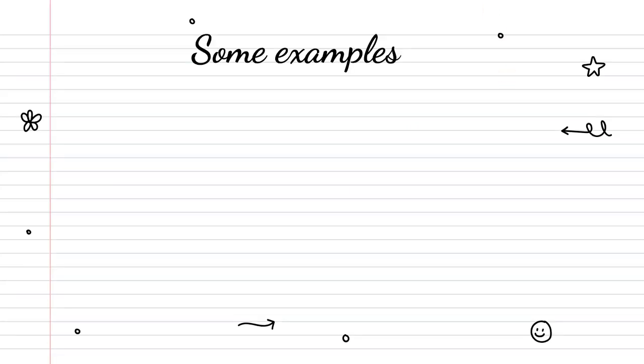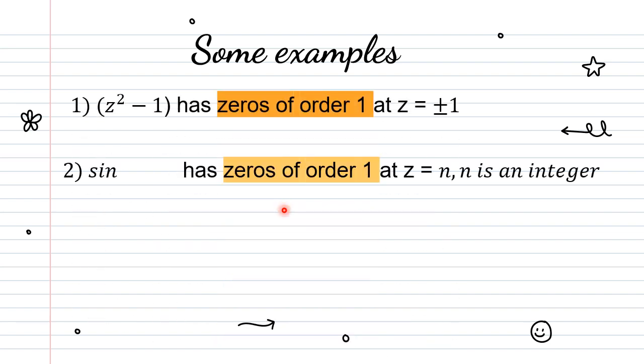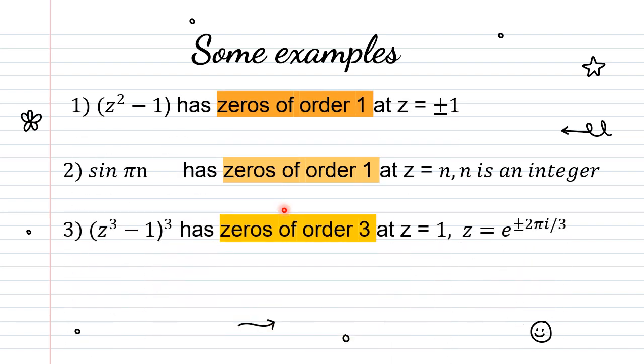We have the function z cubed minus 1, and all of that is elevated to 3. So we can see that these are zeros of order 3, as we notice here, at z equals 1 and at z equals e elevated to plus minus 2 pi i divided by 3.